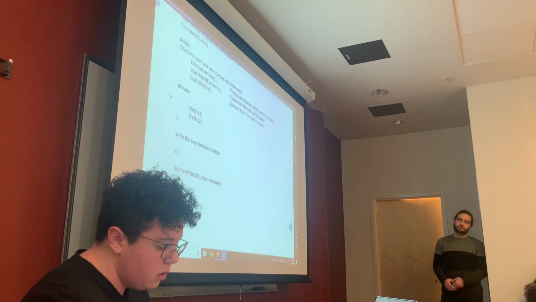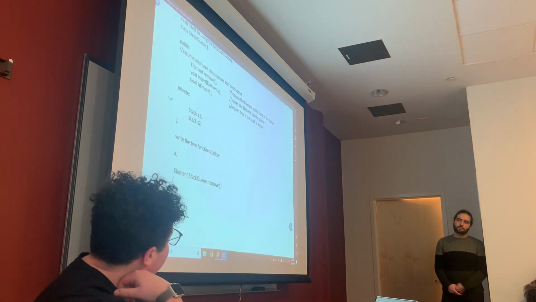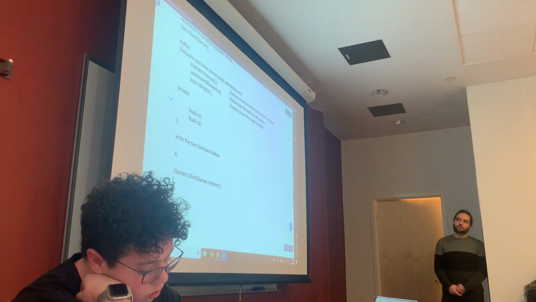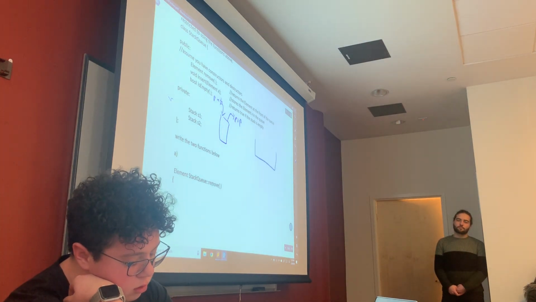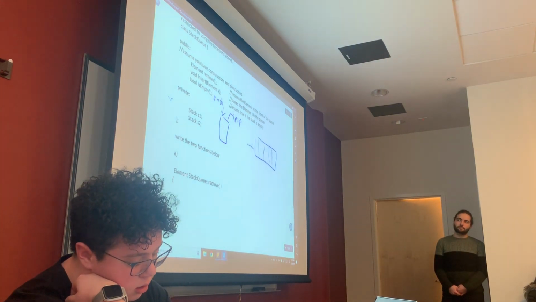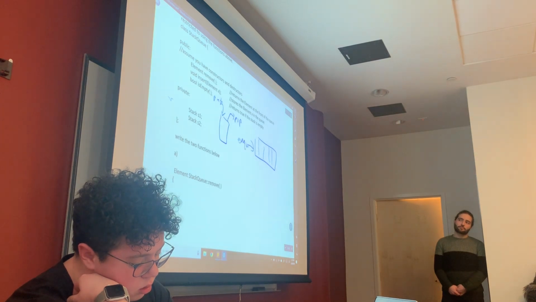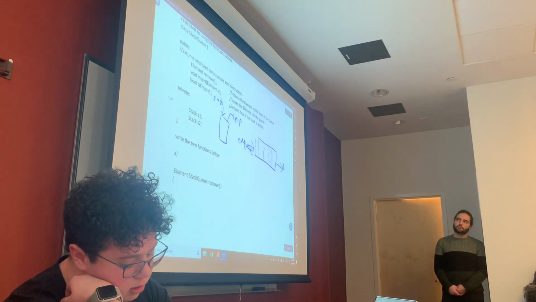What we need to keep in mind is, again, that for a stack, I'll just draw it again, you push and you pop off the top of the stack, and for a queue, we want to be enqueuing and dequeuing.